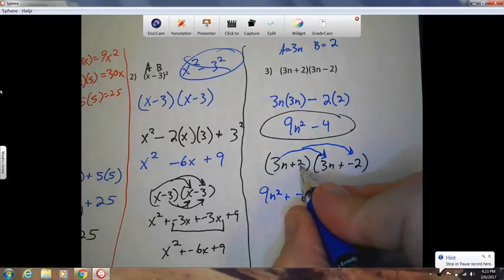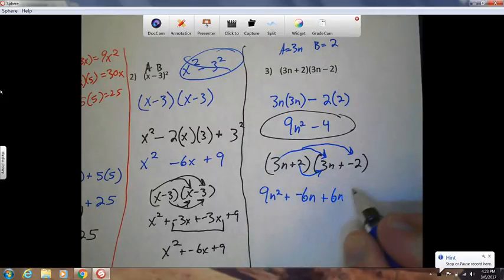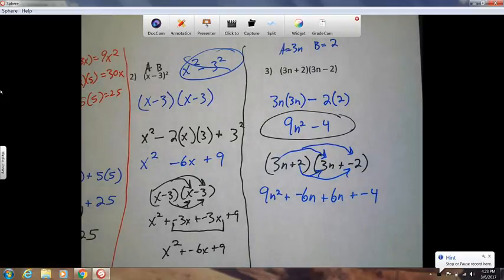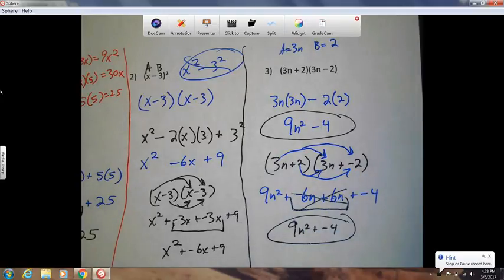So 2 times 3n is 6n. 2 times negative 2 is negative 4. I will have a negative 6n and a positive 6n. Those are like terms which will cancel out. So 9n squared plus negative 4. Especially make sure you look at this example on number 3 and then try to recognize these so it can help your speed.